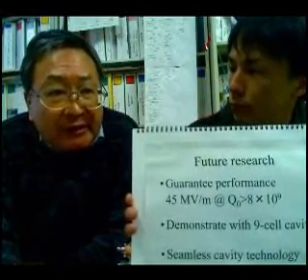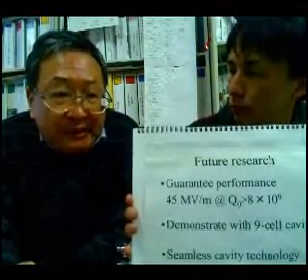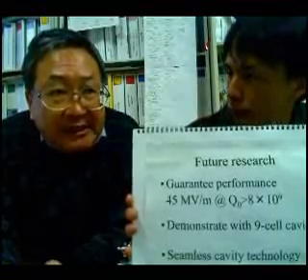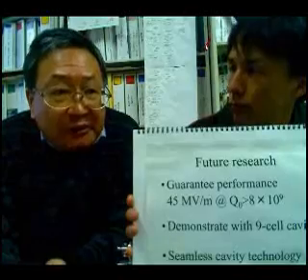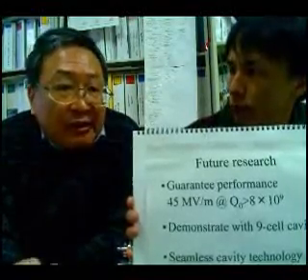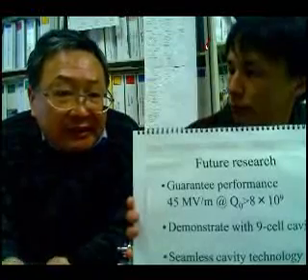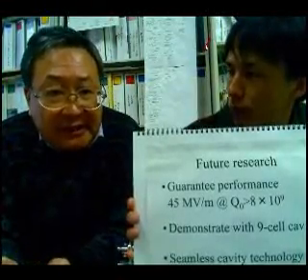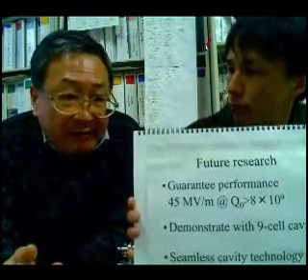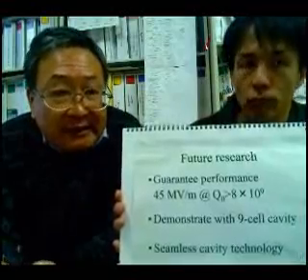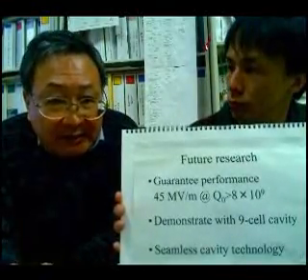So now we are developing a very nice cavity performance with a very high production yield. We have now succeeded in producing 45 megavolt per meter at a Q higher than 8 times 10 to the 9 in single cell cavity R&D.